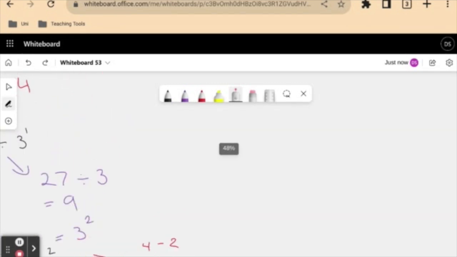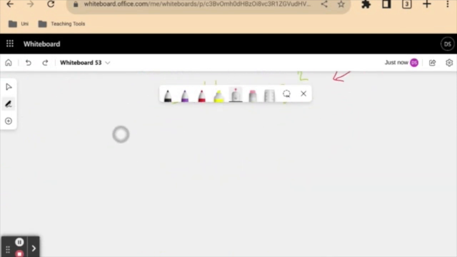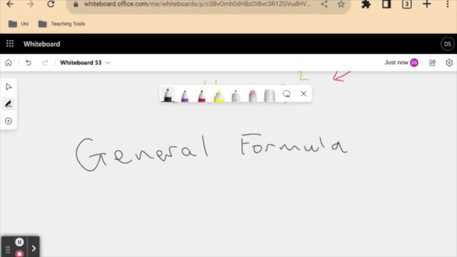From all of these we saw, we can construct a general formula for dividing indices.